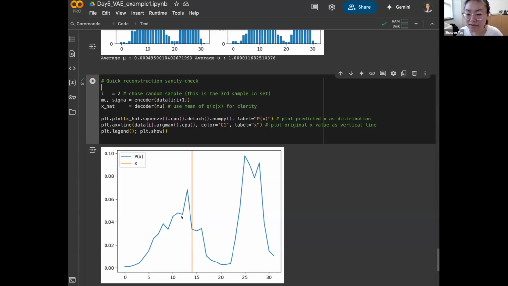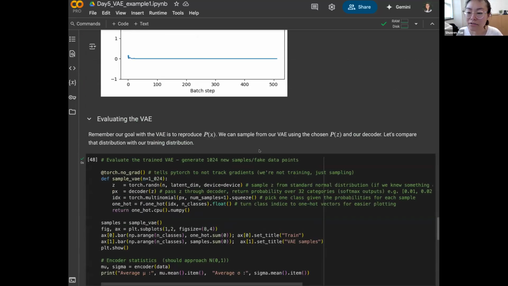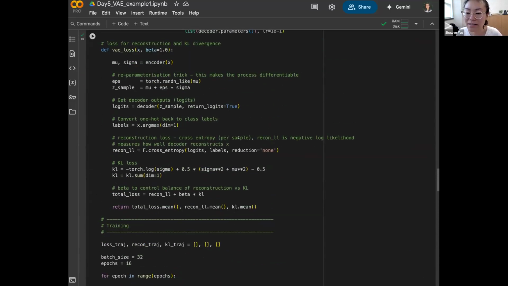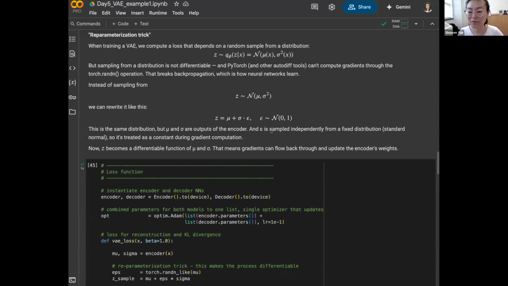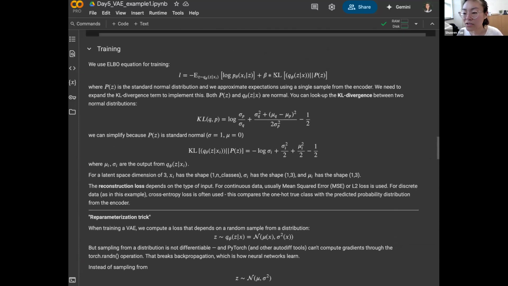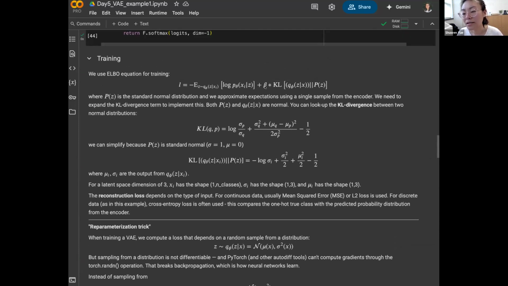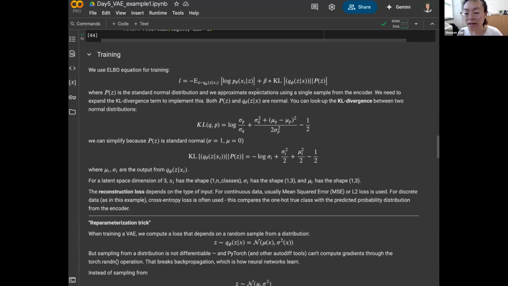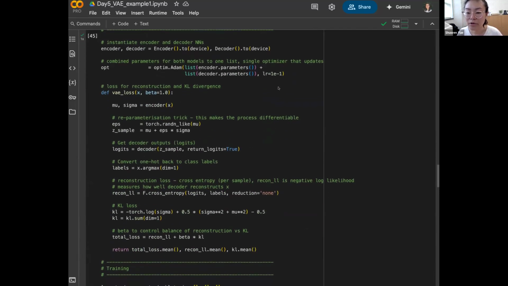This is a metric of that reconstruction part, one example of it at least. We can sample 24 points. We could very easily tune this parameter and put less weight on the KL divergence and more weight on the reconstruction, and play around with that balance a little bit more.